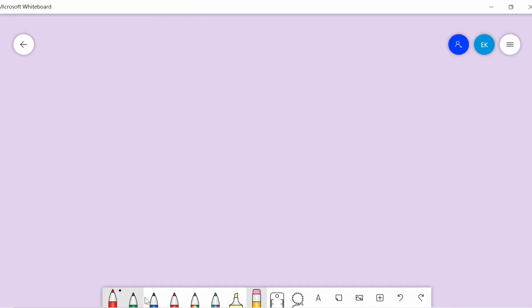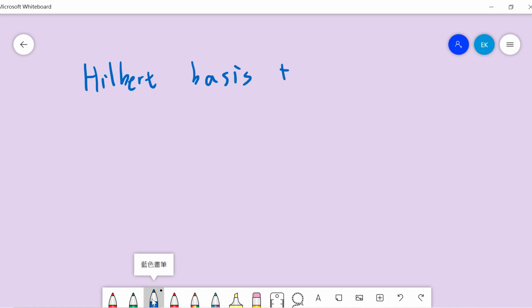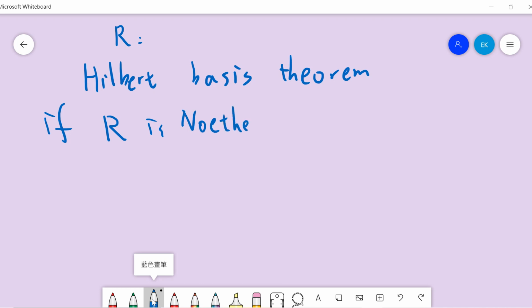So today I keep updating my own algebraic geometry notes. Today what we want to prove is the Hilbert basis theorem. What the Hilbert basis theorem says is that if R is a ring, commutative with identity, and R is Noetherian, then R[X], the polynomial ring, is Noetherian.